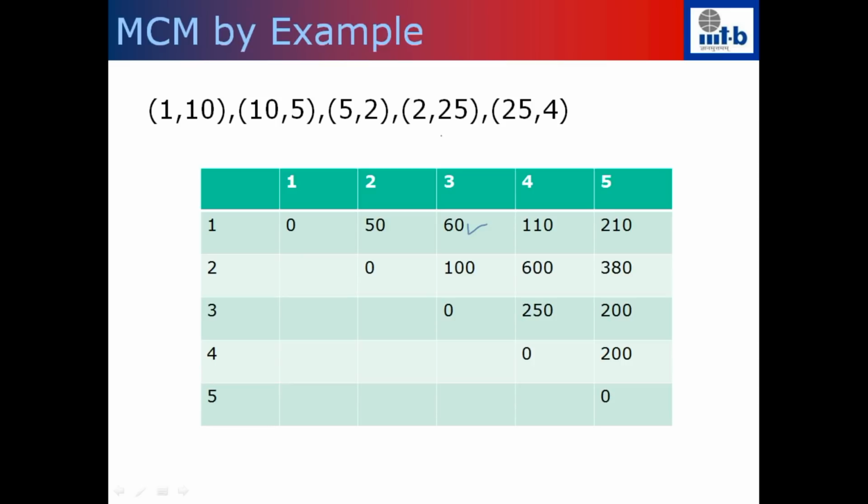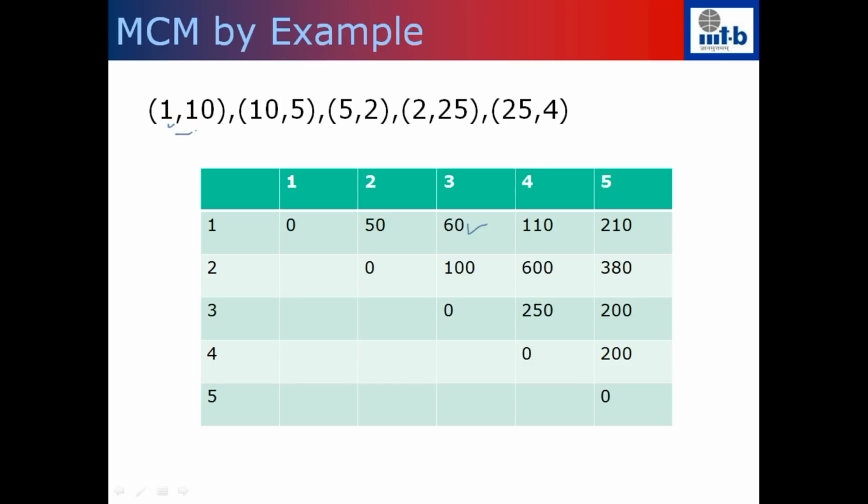If I have to multiply A2 and A3, the number of computations involved will be 10 into 5 into 2, which is 100. And if I have to multiply to the left by A1, then the number of computations involved will be 1 into 10 into 2, which is 20. So the total number of computations will be 100 plus 20, which is 120.